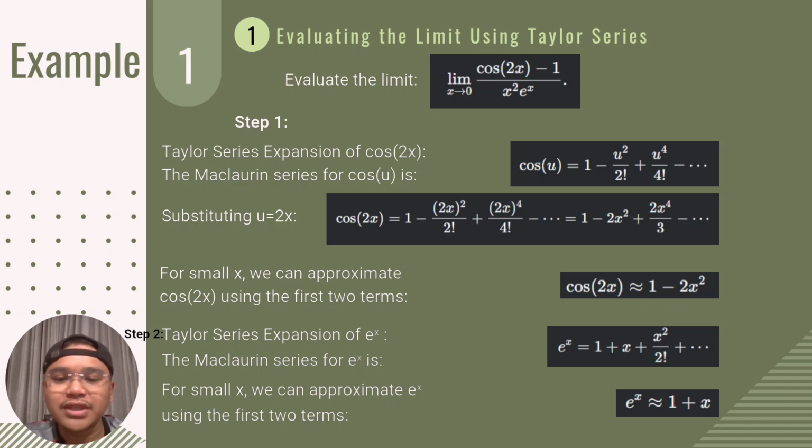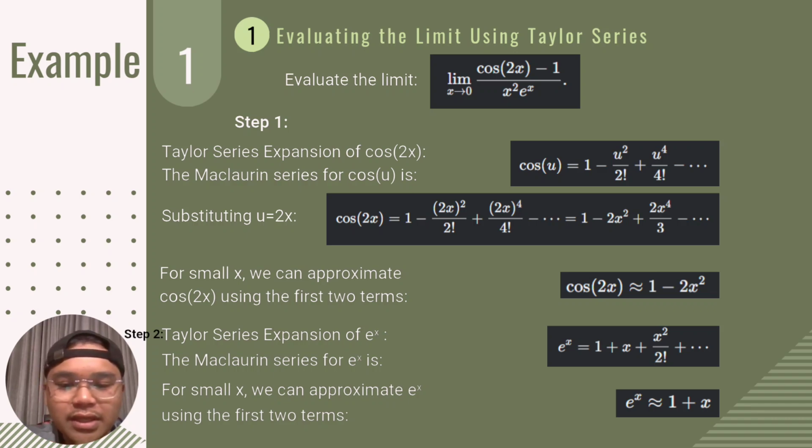By using the Maclaurin series, we get cos u equals 1 minus u squared divided by 2 factorial plus u to the power of 4 divided by 4 factorial and so on. And then we substitute u back with 2x. For small x, we can approximate cos 2x using the first two terms, which is cos 2x equals 1 minus 2x squared.